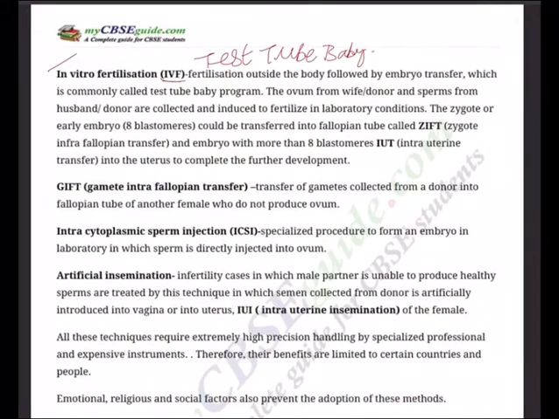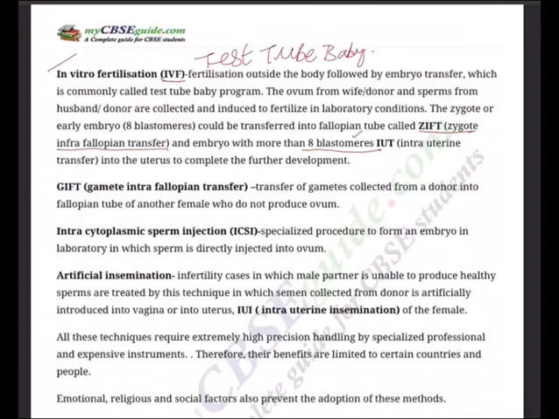Embryo up to 8 blastomeres, you must remember this, 8 blastomeres, that's the condition, is transferred into the fallopian tube, and we call this technique ZIFT. What is ZIFT? Z for zygote, I for intra, F for fallopian, T for transfer. So ZIFT is zygote intrafallopian transfer.